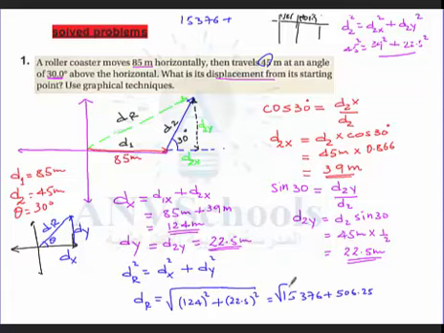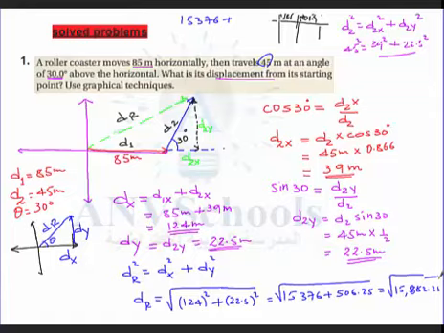Then you add these two, the sum is 15,882.25, and take the square root of this answer.